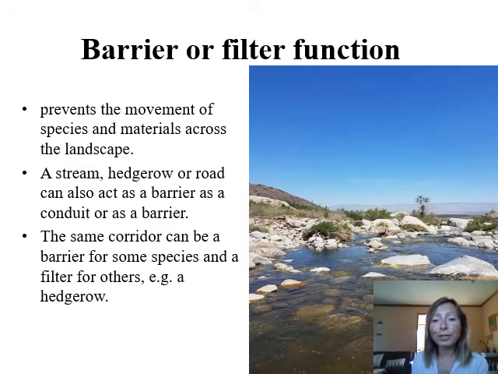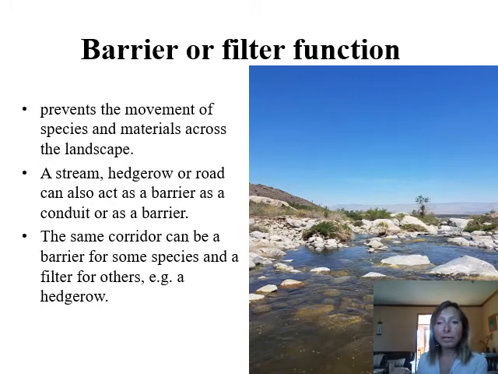The second function of linear features within the landscape is a function of barrier or filter. And this is also pretty obvious. The same linear feature that can serve us as a conduit could also be a barrier. It depends if we want to travel on the river in our kayak or we're actually trying to cross the river in the area where there is no bridge.